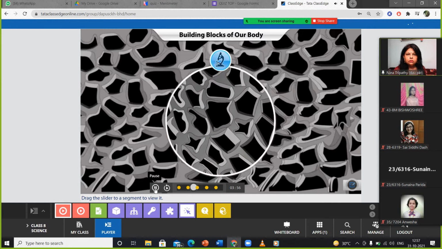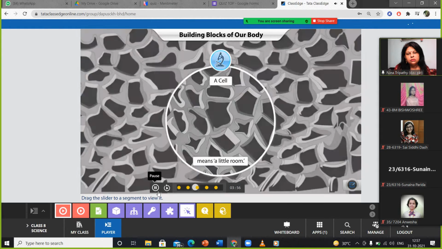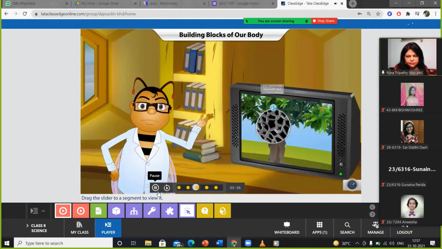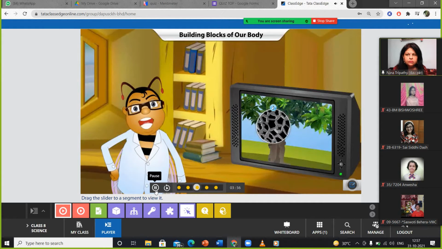He called each of these compartments a cell, which in Latin means a small room. Unfortunately, these cork cells were dead cells. Many years after Hooke's discovery, a lot more research was done on the structure of a cell using highly powerful microscopes.